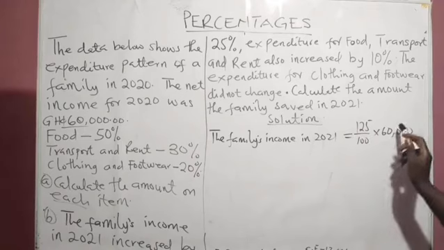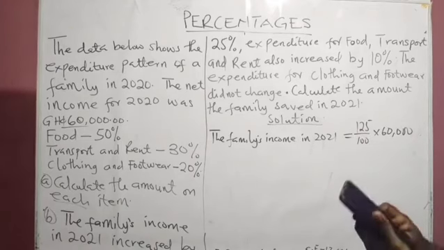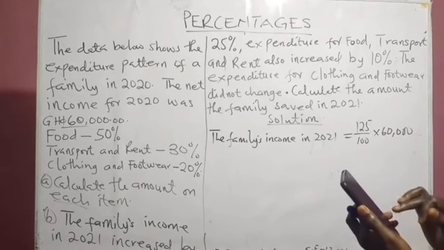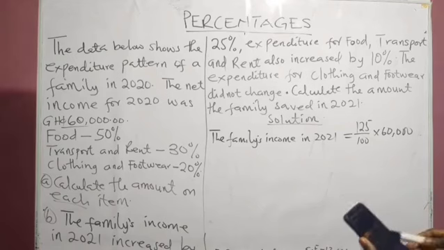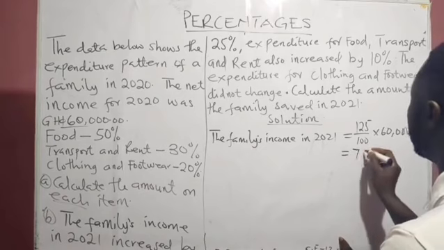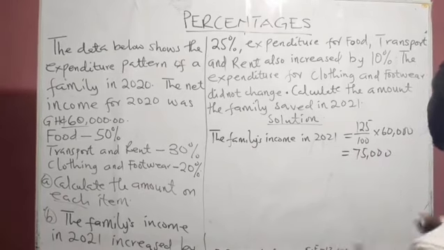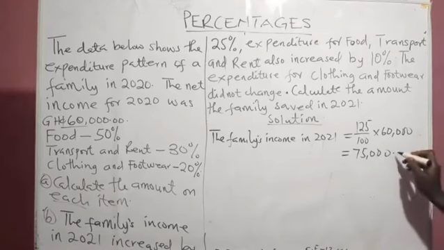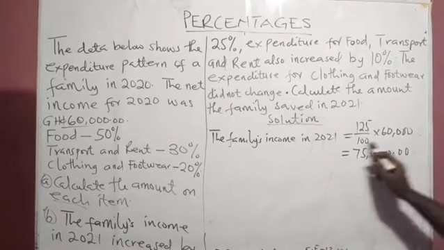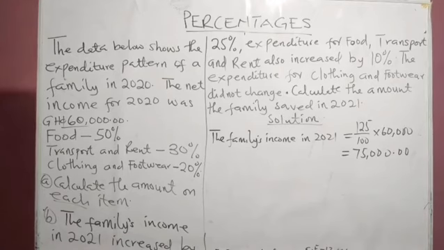The 100 here corresponds to the 60,000. That will give us 75,000. So the family's income in 2021 was 75,000.